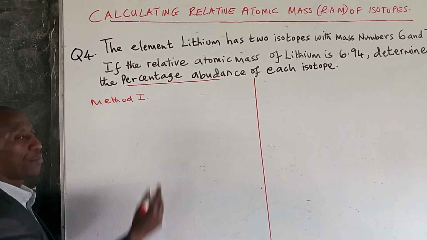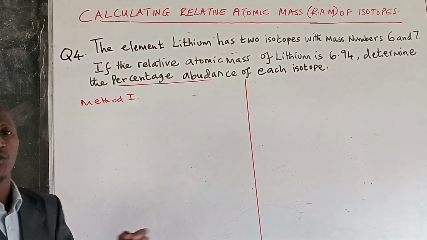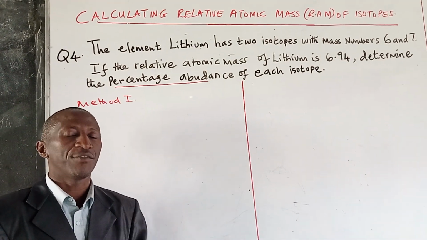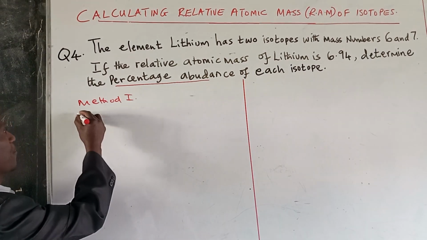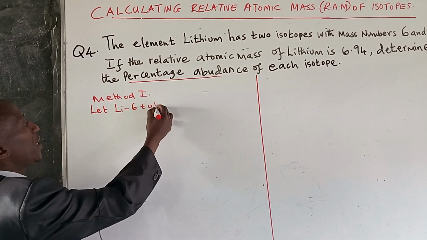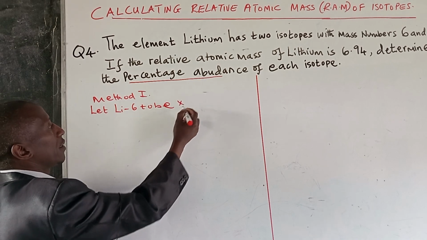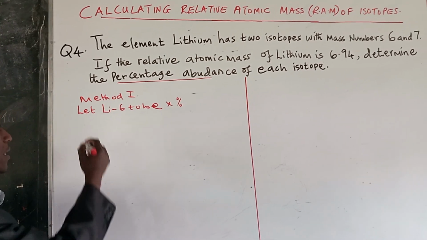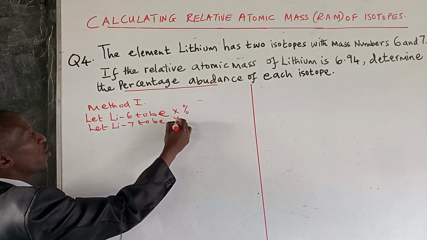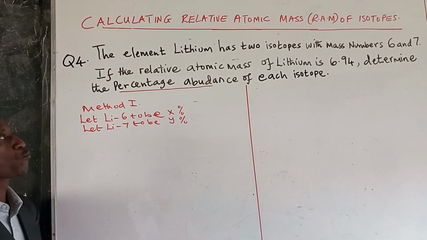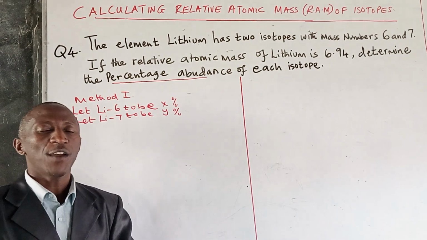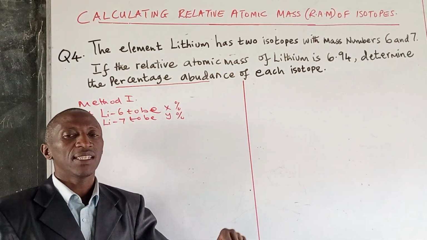Method 1. In method 1, we are going to use the idea of percentage abundances totaling 100, such that if we let lithium 6 be X percentage abundance, and lithium 7 be Y percentage abundance, then just like we have mentioned, 60%, 40%, 75%, 25%, the abundances add up to 100.